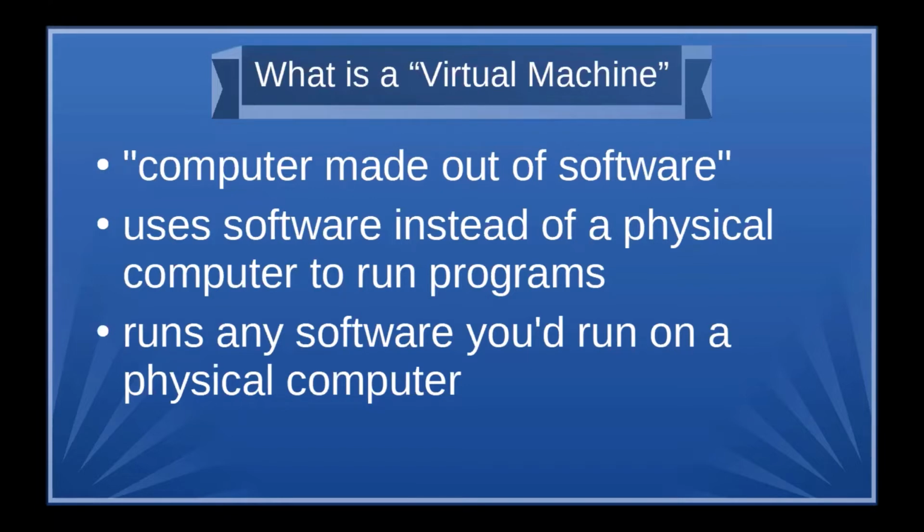And the part that we like is that you can run any software that you'd want to run on a real physical computer on that virtual machine computer. So this is where sometimes you can run a program that might not run on your real computer in a virtual one.